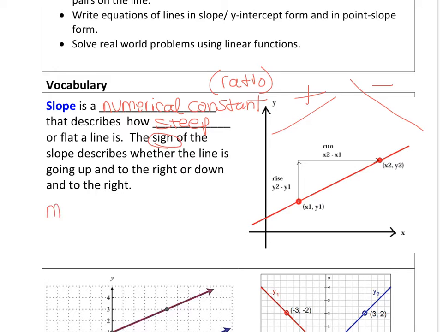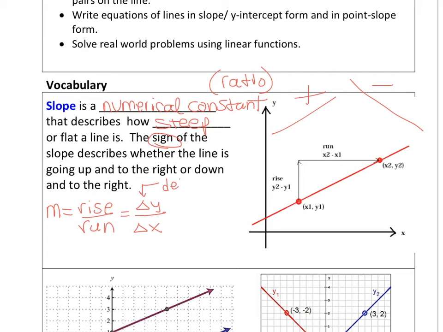So we talked about slope. We used the letter m for it. And the slope is the rise over the run. We also talked about the rise. Some of your middle school teachers did talk about delta. This is a Greek letter here, delta.